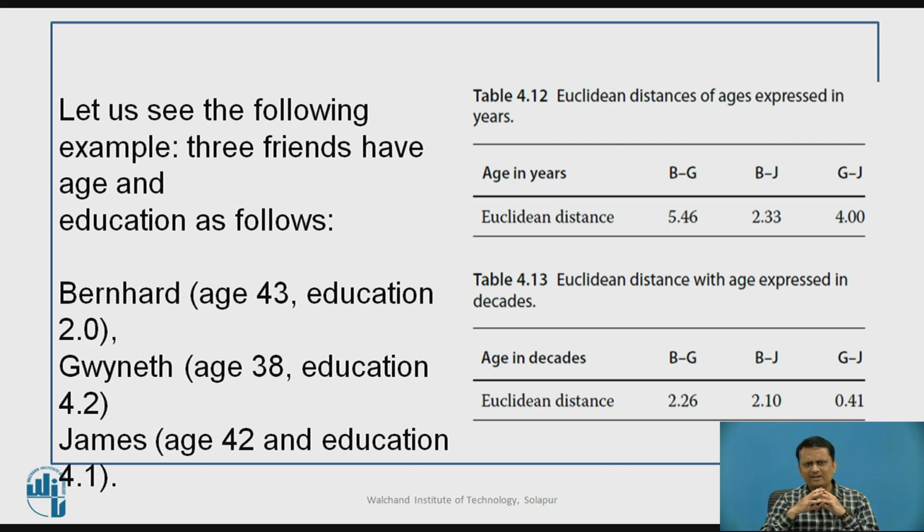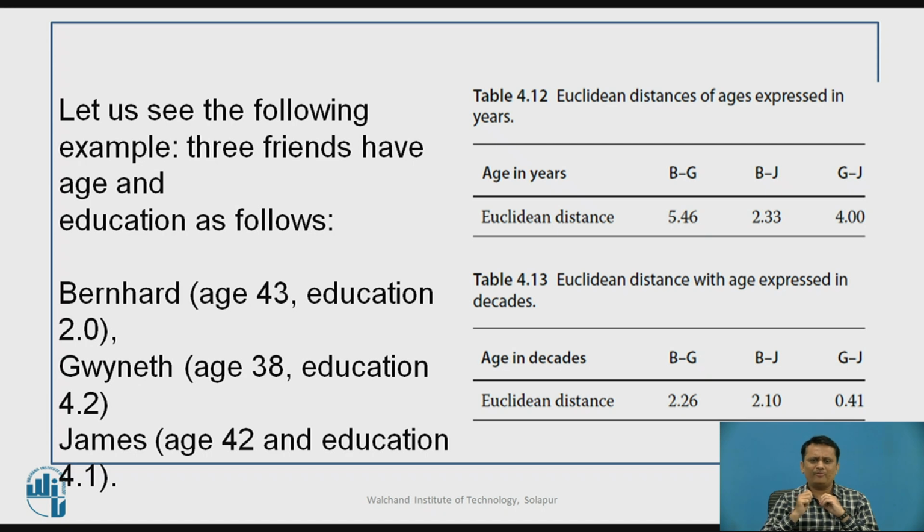So you have a friend called Bernhard with age 43 and education level 2, Juanith age 38, education level 4.2, and James age 42 and education level 4.1. Now I want to find out which two of these three friends are more similar. I use the approach of calculating the Euclidean distance.